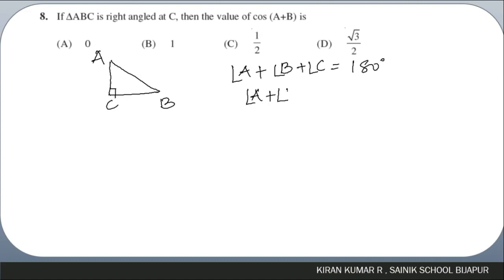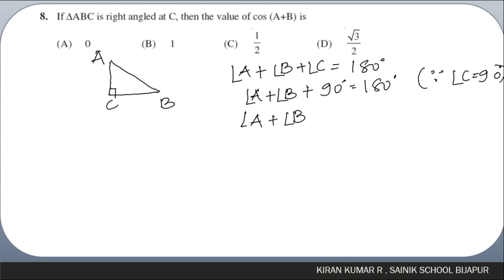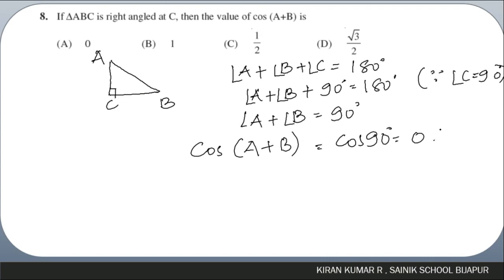Therefore, I get angle A plus angle B plus 90 degrees equal to 180 degrees because they have given angle C is 90 degrees. It is right angled at angle C. So angle A plus angle B is 90 degrees. They have asked cos of A plus B. So cos of 90 degrees will be equal to 0. So the right option is option A.